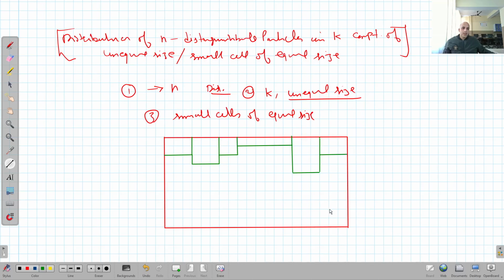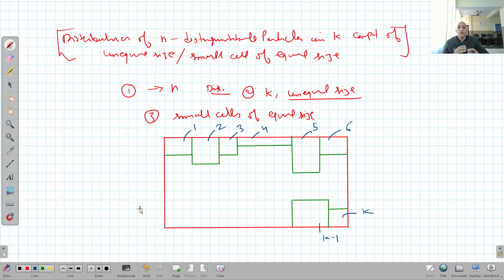Similarly, this is the kth compartment, and this is the k minus 1th compartment. So now, what we did, we divided the given area into different compartments of unequal size.